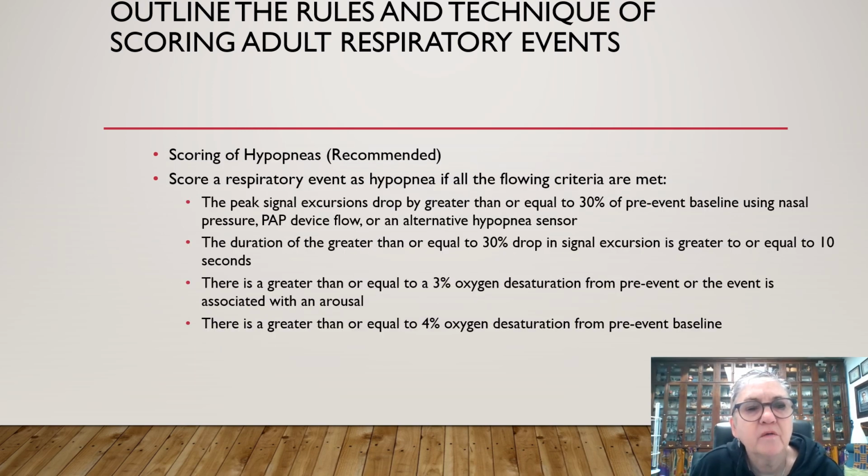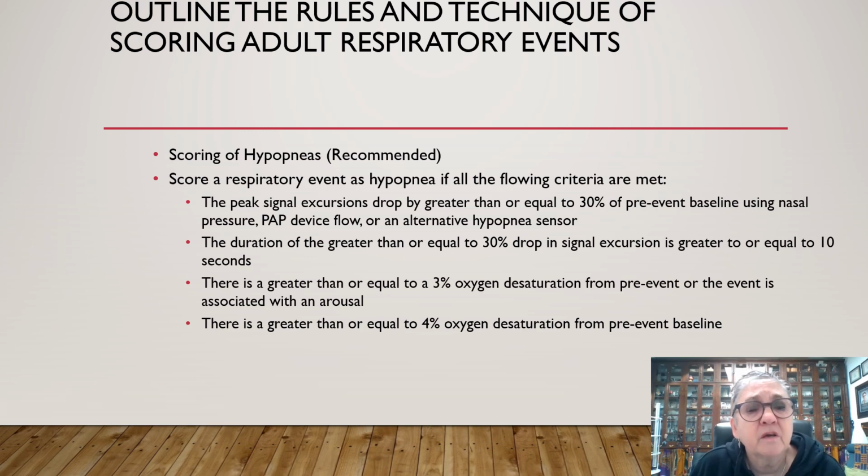Recommended scoring of hypopneas. Score a respiratory event as a hypopnea if all the following criteria are met. The peak signal excursion drops by greater than or equal to 30% of a pre-event baseline using nasal pressure, PAP device flow, or an alternative hypopnea sensor.